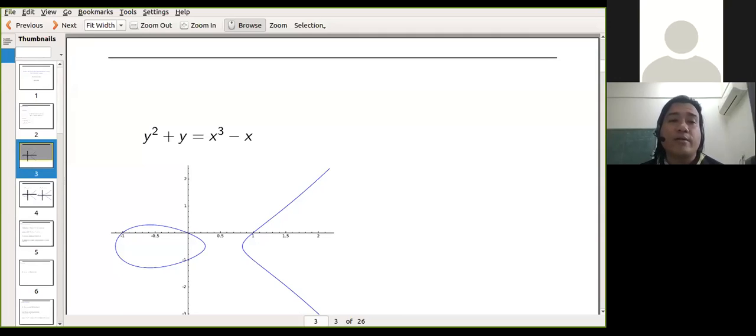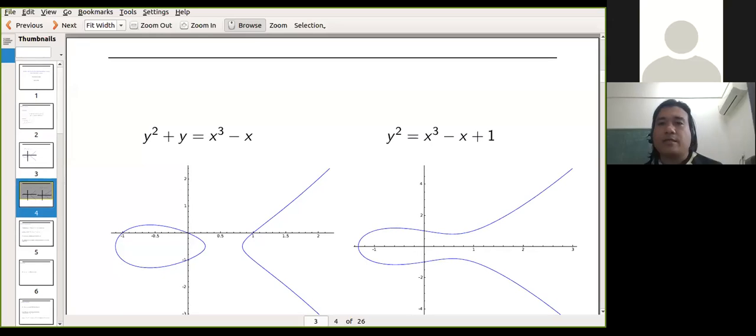Here I have plotted the real points of the elliptic curve, by which I mean I put in real values of x and see what the values of y are. I used Sage to plot this one. This is one more example: y squared equals x cubed minus x plus 1.